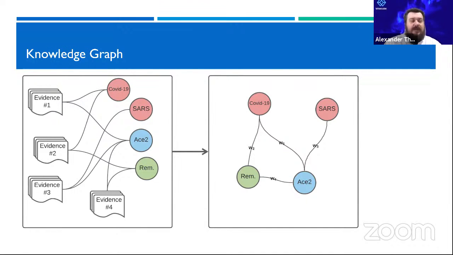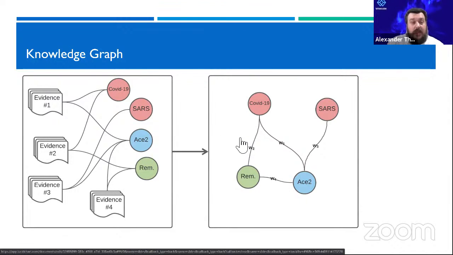We can take the occurrences and co-occurrences of these entities and turn those into weights to have a weighted graph. So here, the occurrences of COVID-19 and remdesivir in evidence number 2 are turned into weight 2. And so this creates a weighted graph for us.